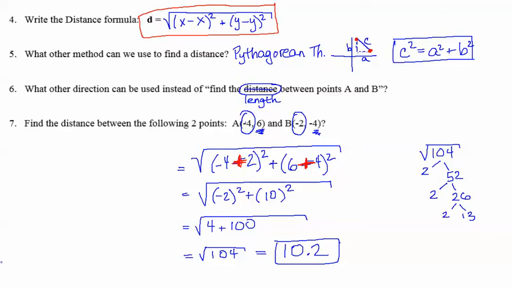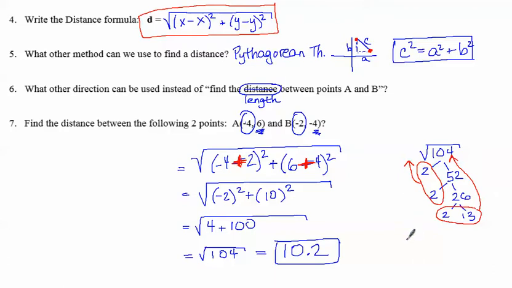That's a prime number. So among this chain of numbers here that are your factors, you find pairs of the same number. Those pairs go outside of the square root, and any numbers that do not have pairs are put back inside the square root symbol.